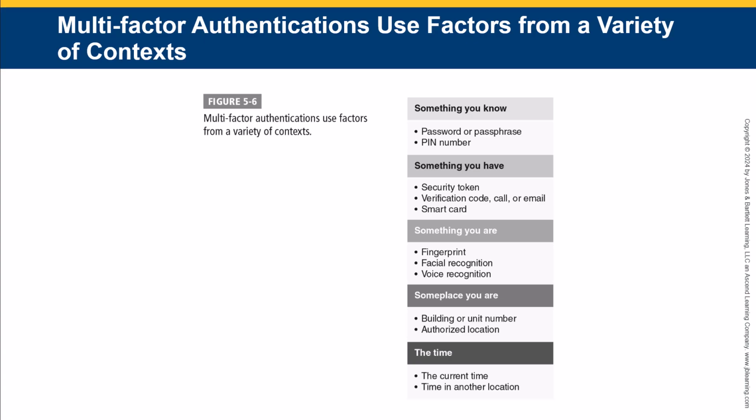The fourth one is a location. Are you operating at a certain location? That could mean a difference for multi-factor, and that's not as common. And then you can also have a current time. Maybe you're only authorized to access the resource Monday through Friday, 8 to 5. So there could be a time component here.